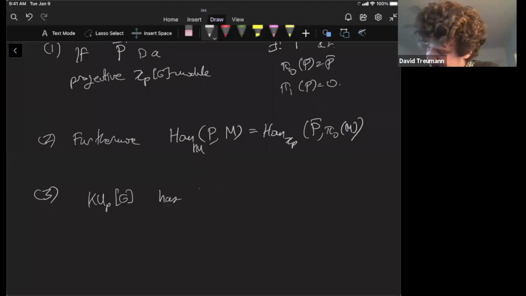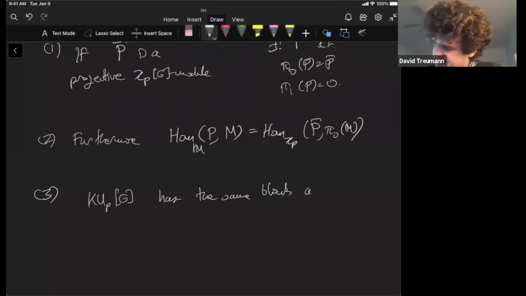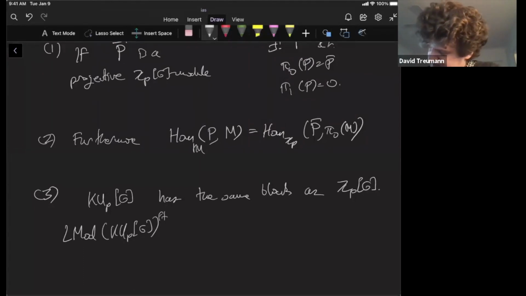this ring has the same blocks as the usual group algebra. And the category of these finite type modules is going to break up in the same way.